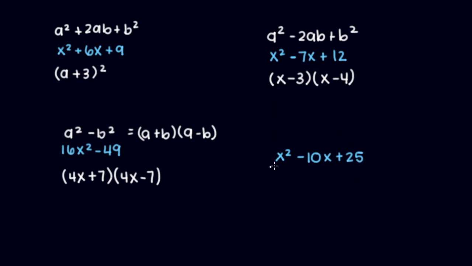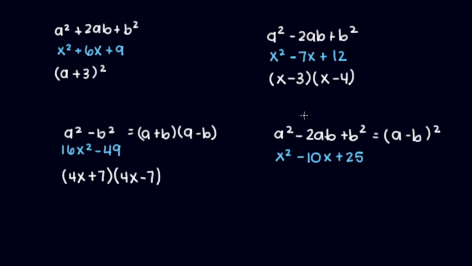Now this last example will also either follow this or be able to be factored in a different way. Rewrite the pattern, which equals a minus b squared. As a reminder, we can see that x in this case equates to a, and b is the square root of 25, or 5.